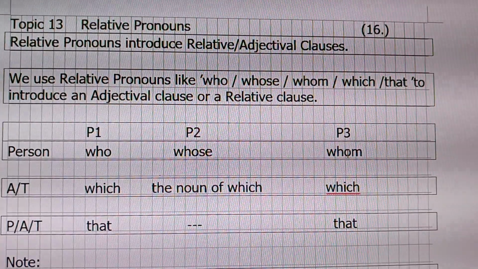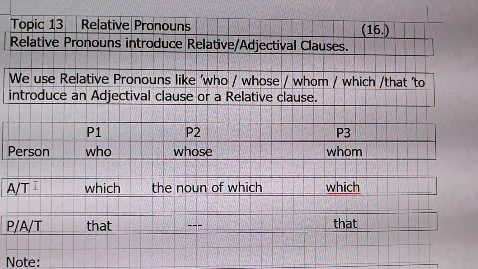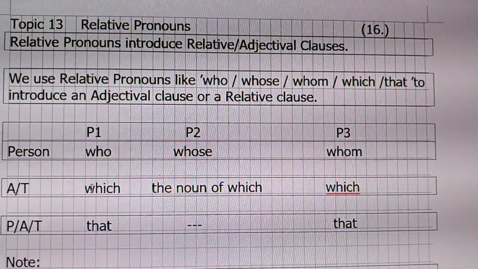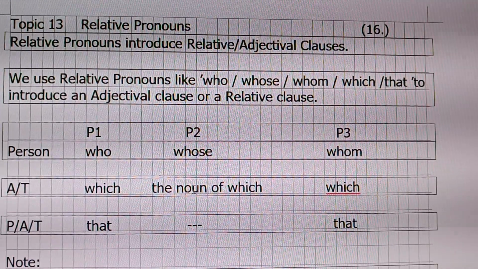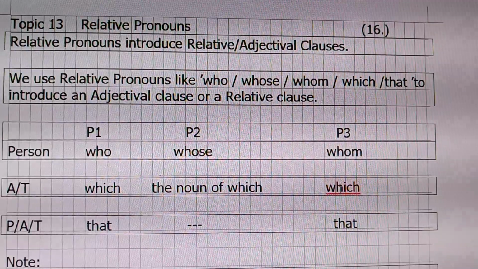If you can understand the rules for person, you can understand for animals or things, all right? Relative pronouns for animals or things: which. This which is the noun that you mentioned earlier, all right? And then the object is also which.